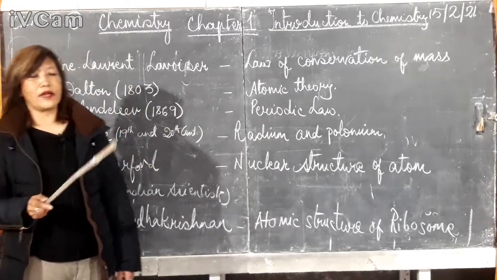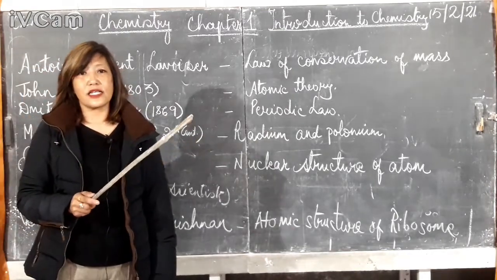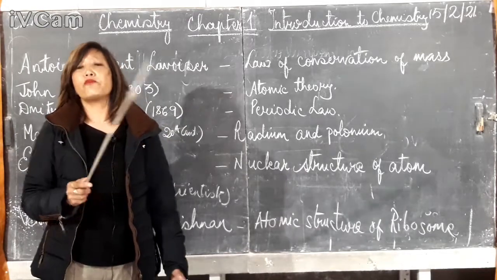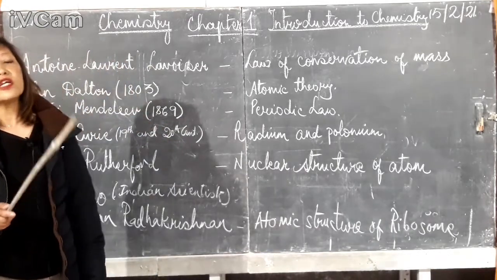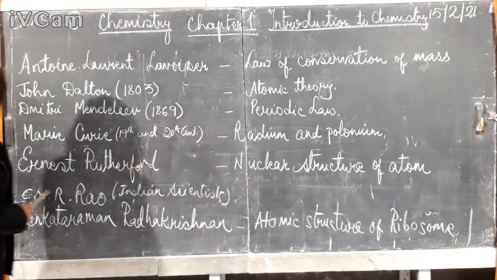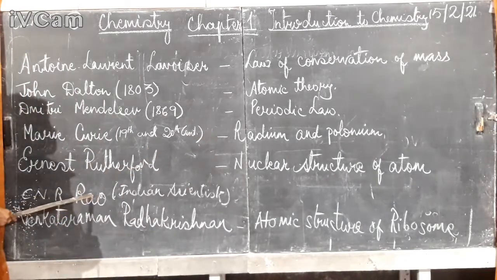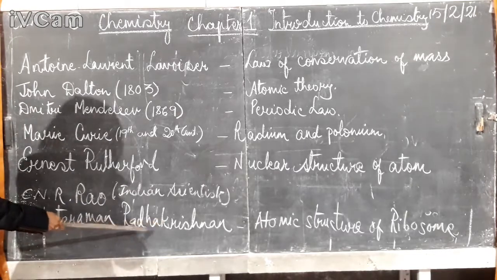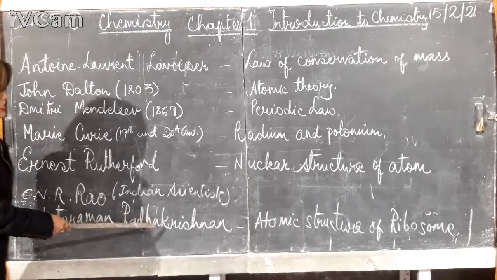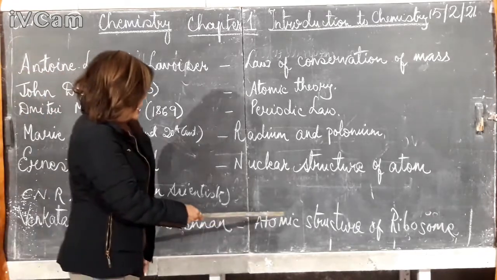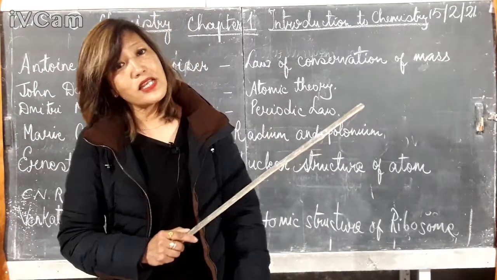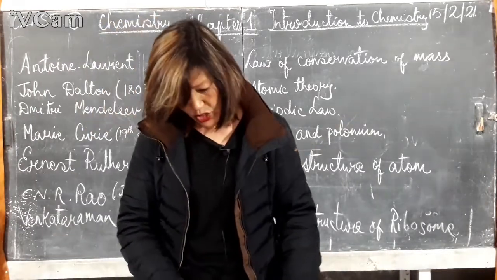In recent times, Indian scientists have also produced acclaimed work in the field of chemistry, like C.N.R. Rao, and Venkataraman Ramakrishnan, who worked on the atomic structure of ribosomes. So this is the history of chemistry.